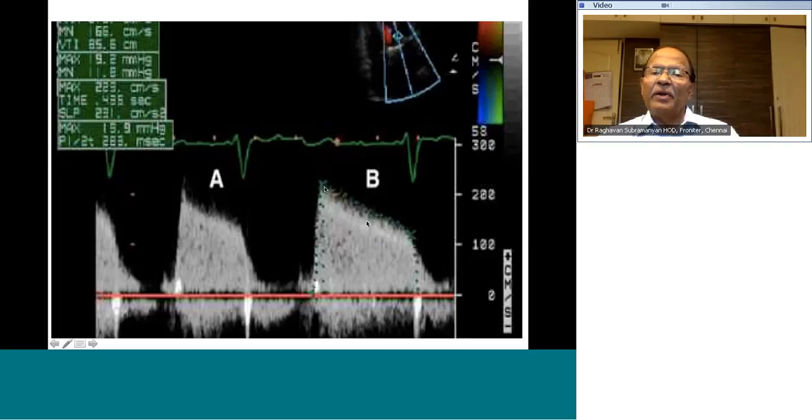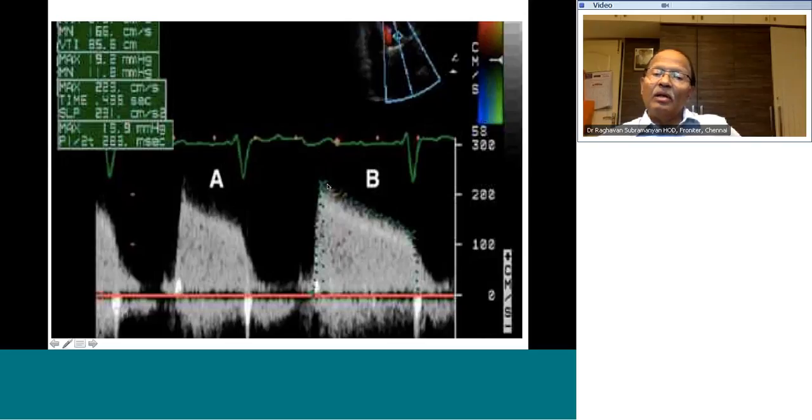The E point here, and yes, in M mode it's called EF slope, and in Doppler it's called deceleration time. Normally this slope is very sharp and going downwards. Here, the deceleration time is increased, and therefore it becomes more horizontal.